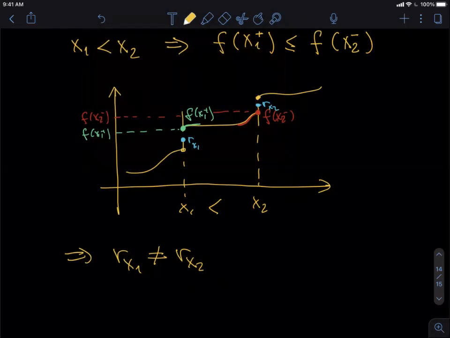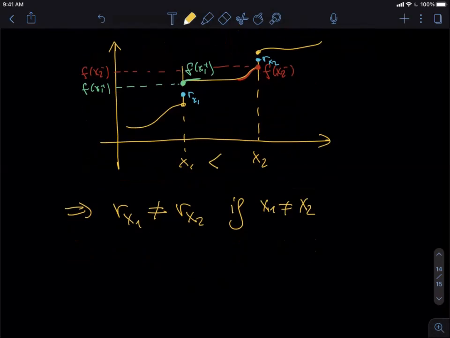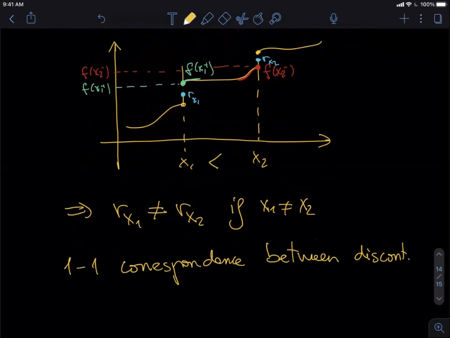Okay, so what we have proved is that we can establish a one-to-one correspondence between discontinuities and rational numbers.